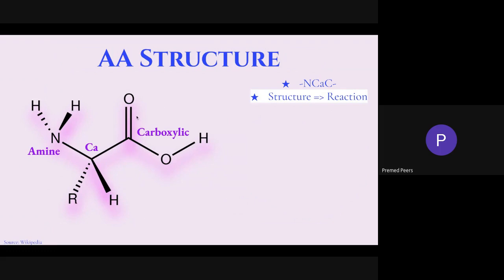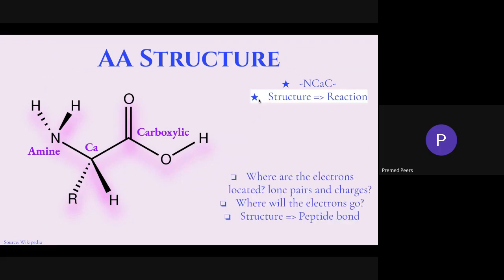So by looking at this structure, we want to think more in an organic chemistry way, which refers to thinking about the localization of some of these electrons. Where are the lone pairs and the charges? Where is it electron rich and electronically deprived?